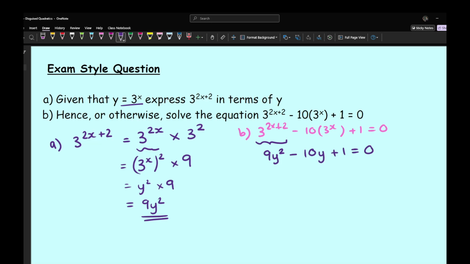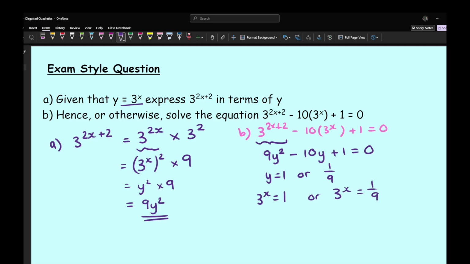So for this, on the calculator or using the quadratic formula, I get that y equals 1 or 1/9. From this, I can substitute my x back in. So that means that 3 to the x is going to equal 1, or 3 to the x is going to equal 1/9.